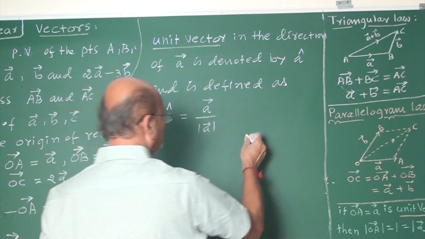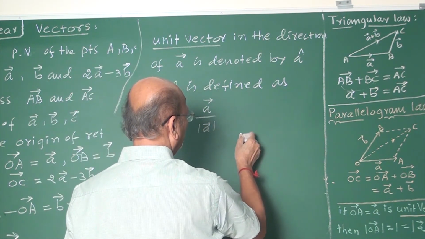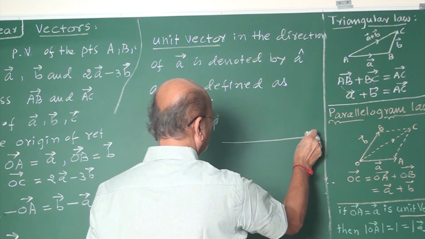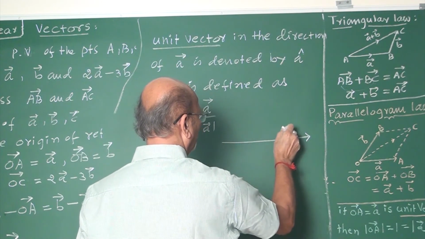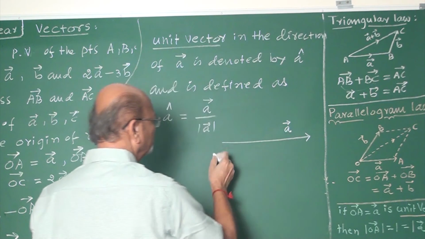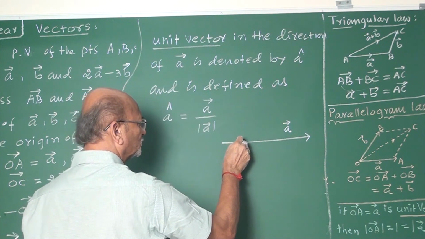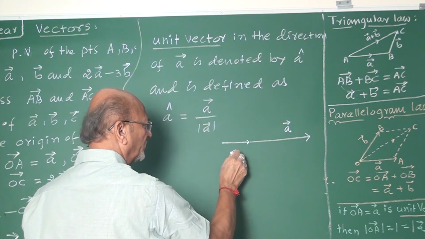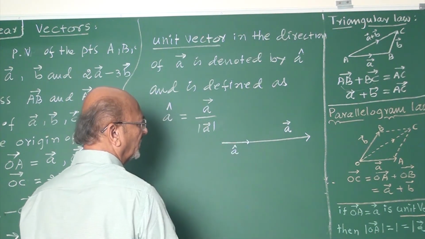Yes, my friends, here is the figure. This is your vector A. Then, what is this A cap? Its length is 1 unit, its magnitude is 1, it is strictly given A cap.